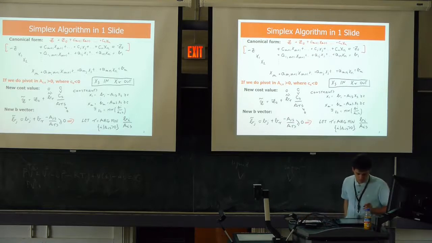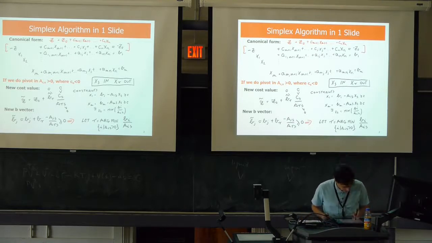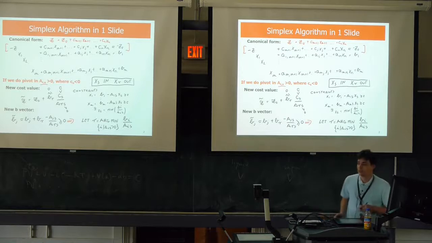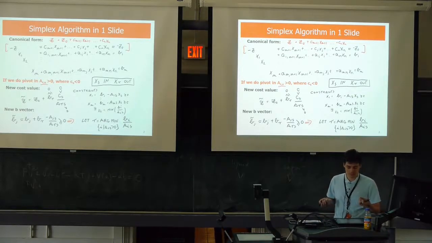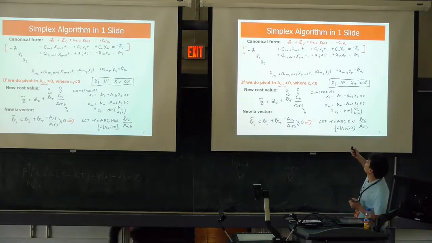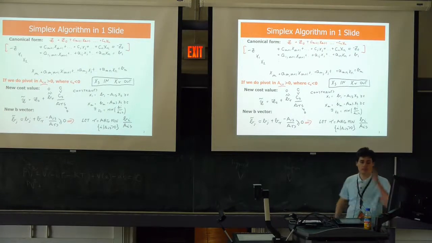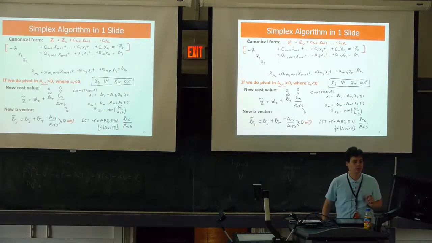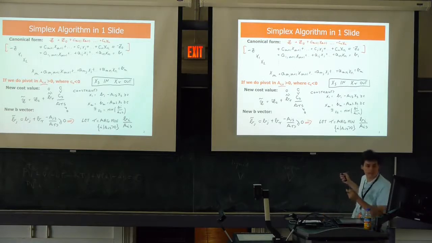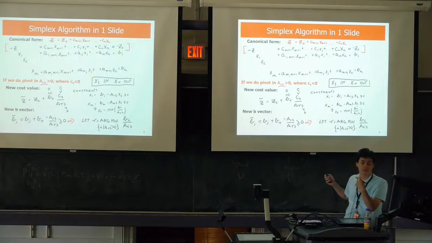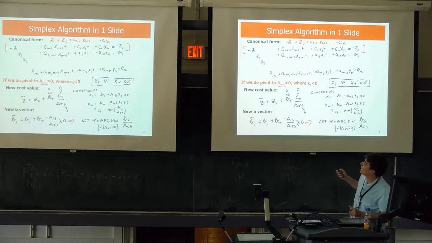If we do a pivot in (r, s), so if all these components c_{m+1}, ..., c_n are all non-negative, then we are done. If there is one that's negative, then we can do a pivot in that column, and it will mean that that variable x_s will come into our basis, and some variable among x_1, x_2, ..., x_m will go out.